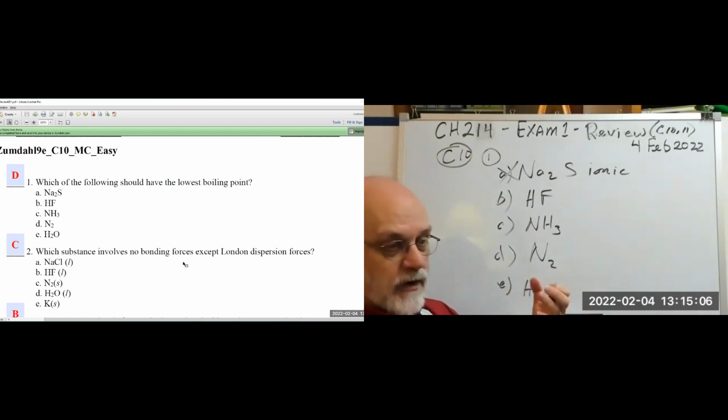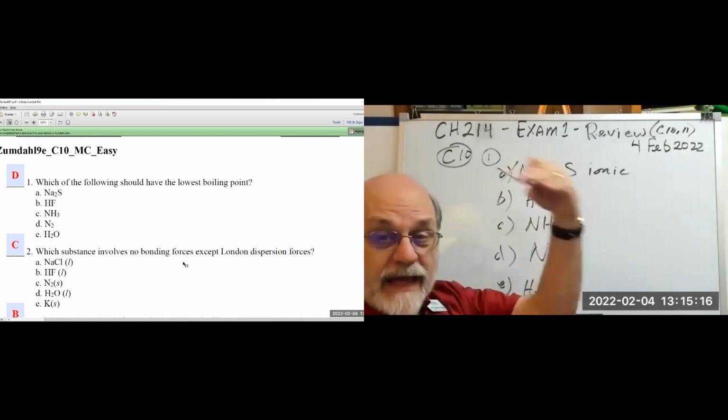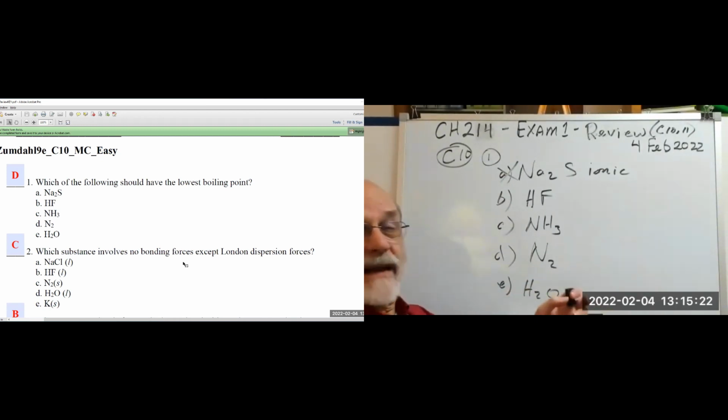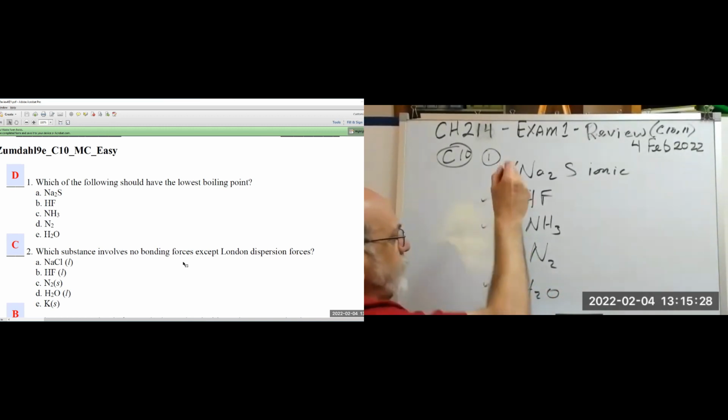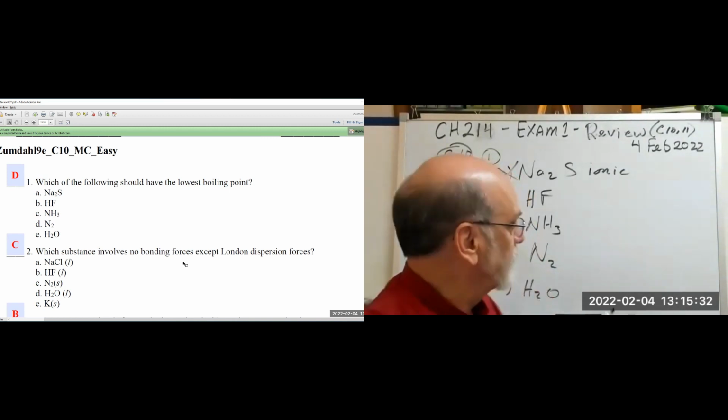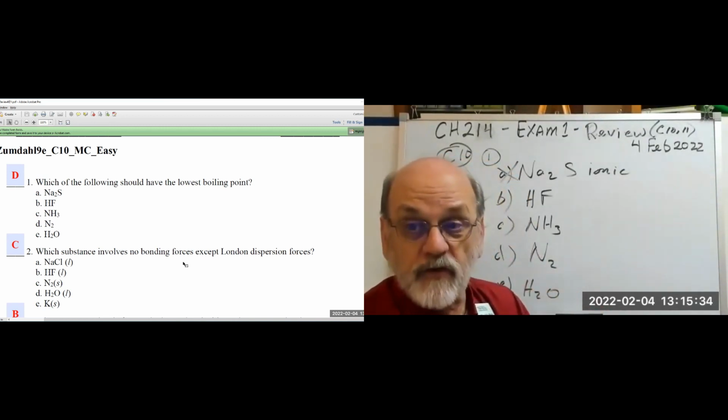The next strongest is dipole interactions. And then the strong end of the dipoles would be hydrogen bonding, right? And as a matter of fact, each one of these, that one, and that one, have the potential for hydrogen bonding. So we've got to decide which one is the strongest.